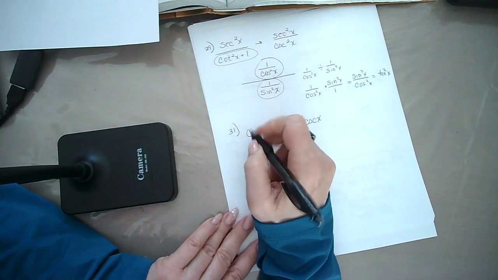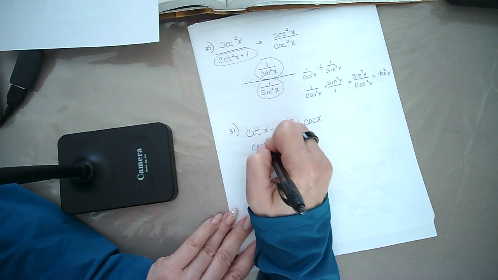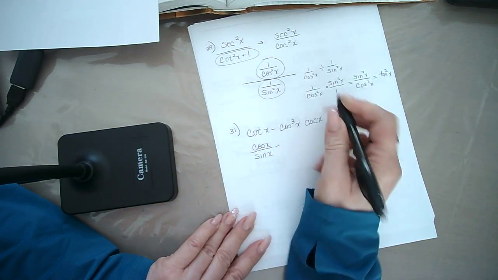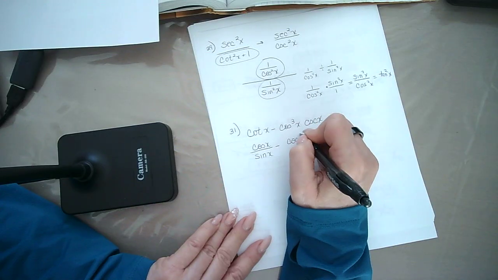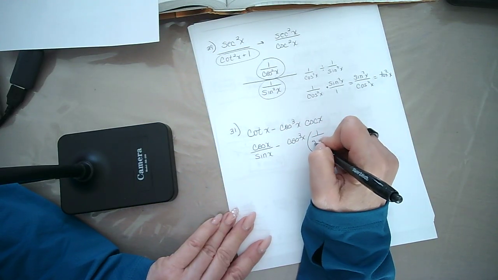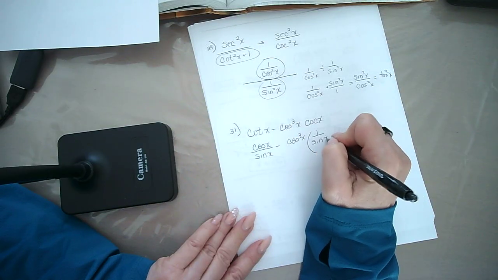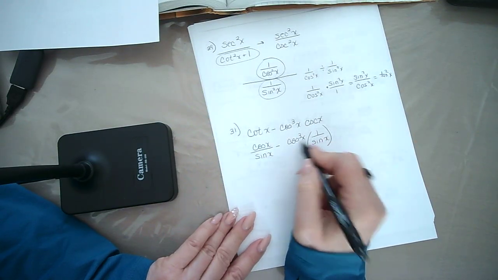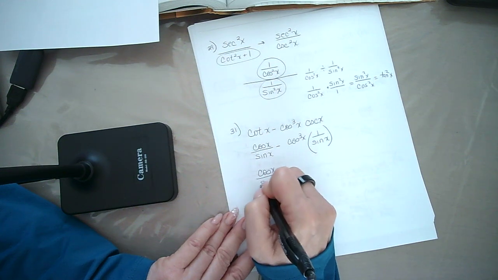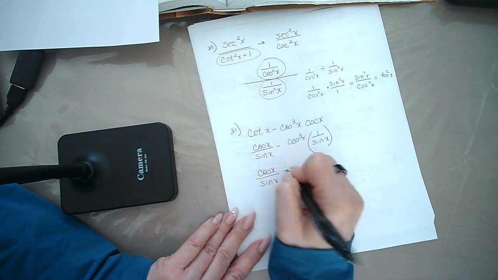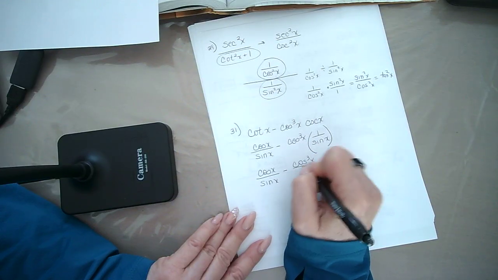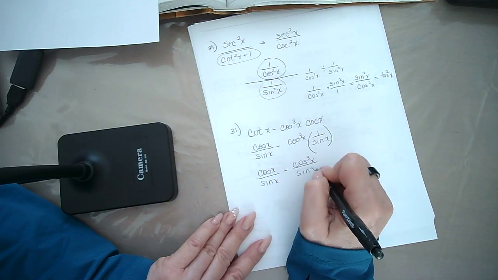I'm going to change cotangent to cosine over sine minus cosine cubed x times cosecant, which is 1 over sine x. I can multiply this and I'm left with cosine x over sine x minus cosine cubed x over sine x.